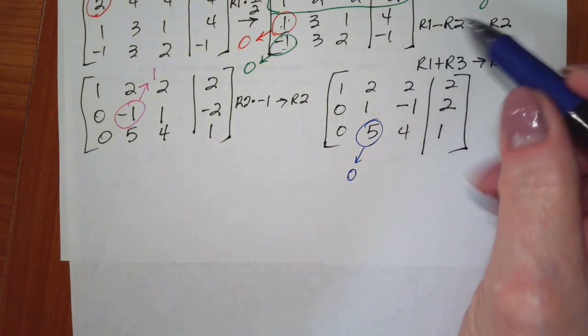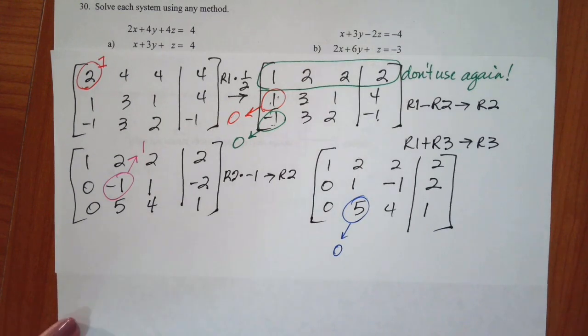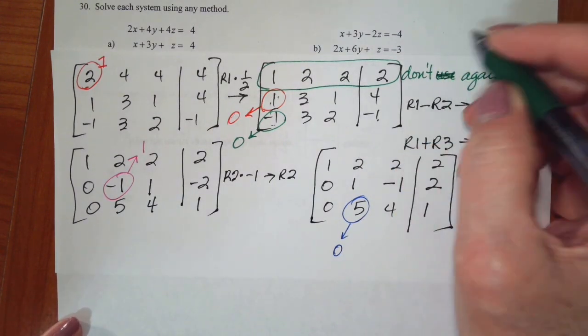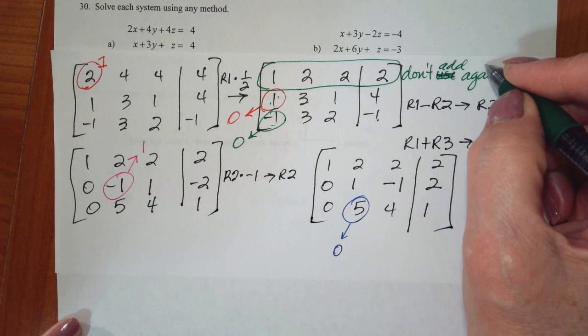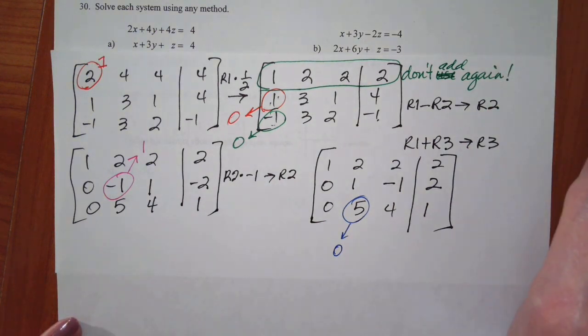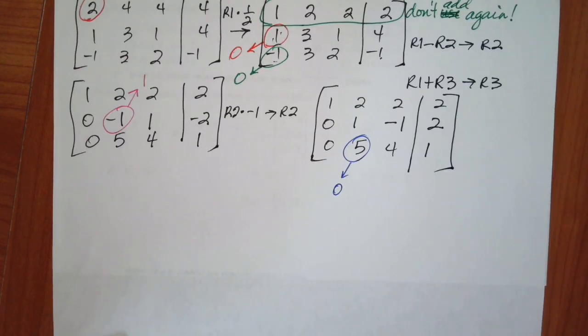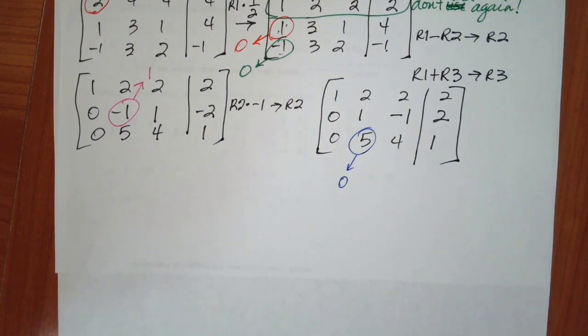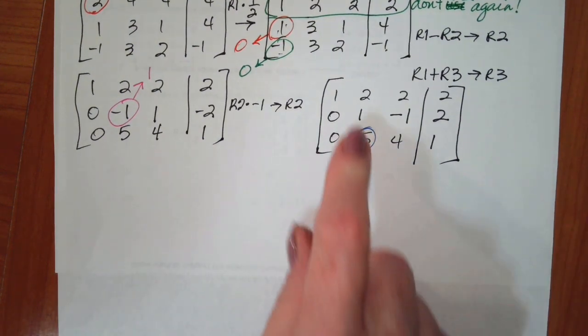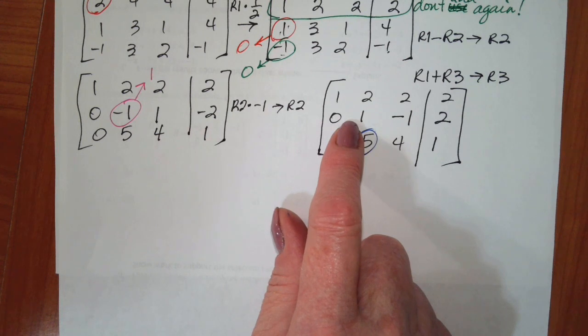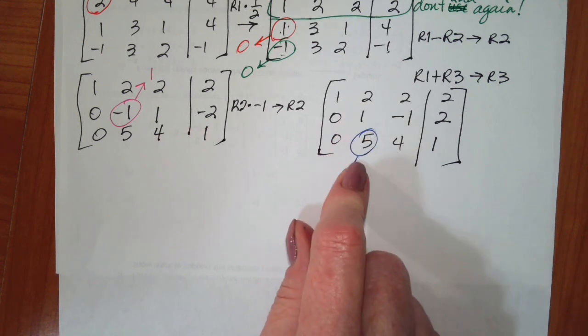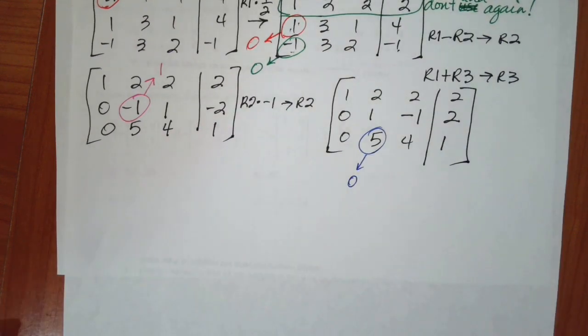I can't go back and use the top row again. So how can I do that? Well, if I take negative 5 times this row and add it together, then I'll get a 0 there.